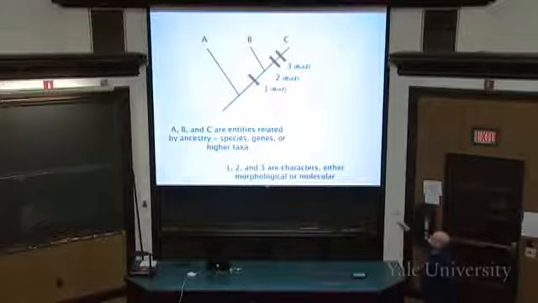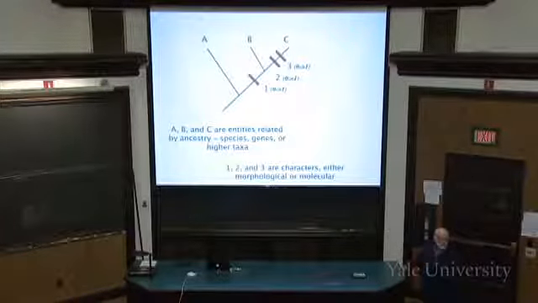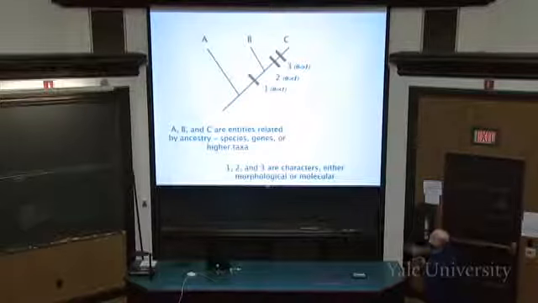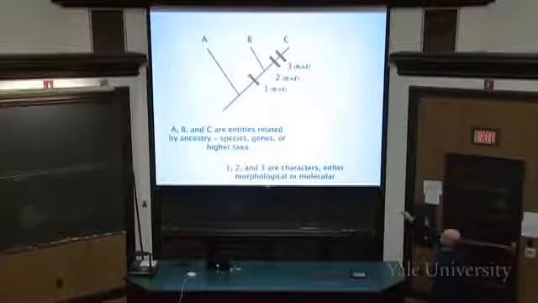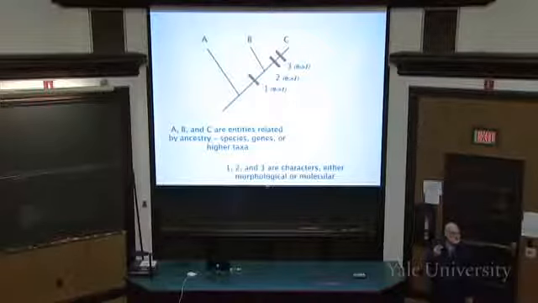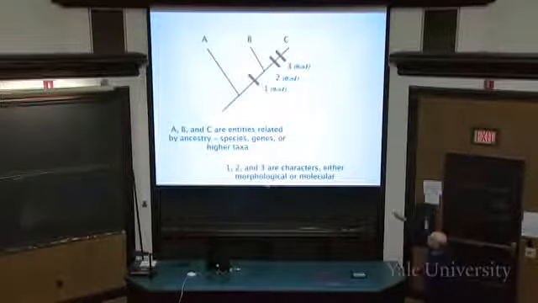Now, A, B, and C would normally be species, but they could be other things. They could be genes, or they could be genera or families or something like that. And 1, 2, and 3 are characters. They could be morphological, they could be molecular. As a convention, the ancestral state of that character will be denoted 0, and the derived state will be denoted 1, and the arrow indicates going from ancestral to derived.